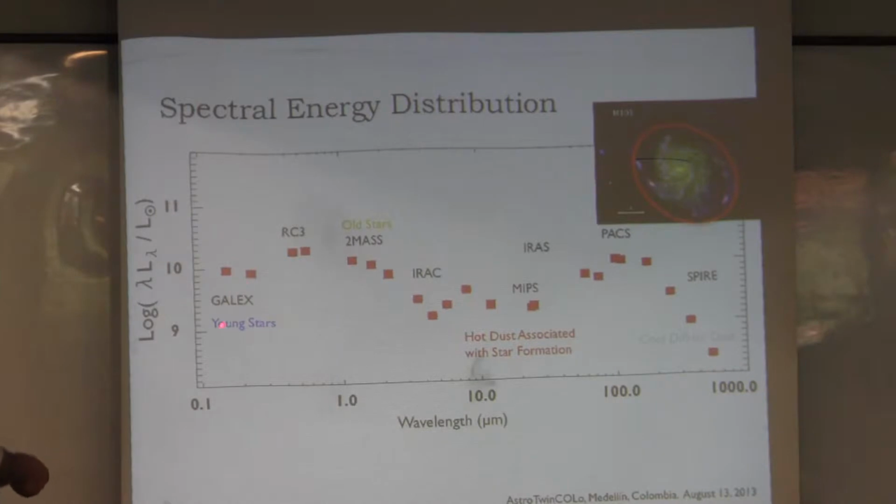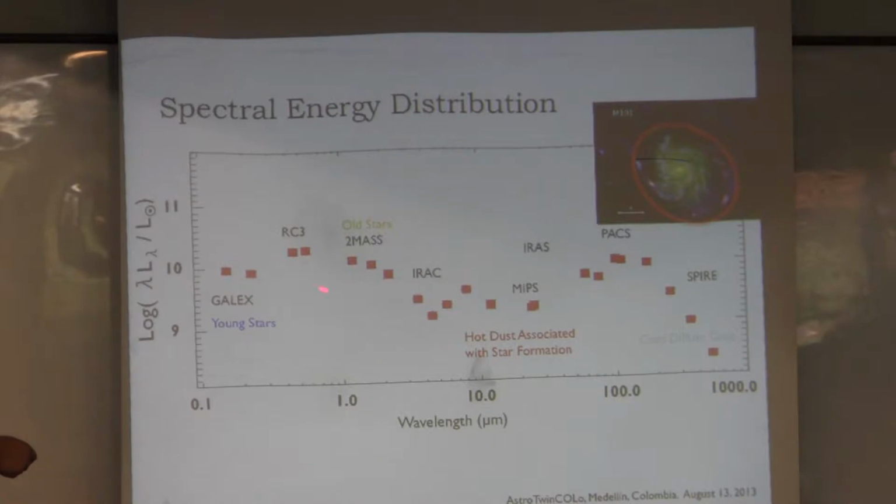And so you can build this spectral energy distribution by making a point at each of the wavelengths where these telescopes observe, you measure the flux and you put it here all together, and you can build that spectral energy distribution from real data. Now you start seeing that it looks a little bit like the theoretical spectra that I showed you before. You have the optical and UV here, and then you have something that looks like those bands of the molecules, the PAHs, and then you have the thermal emission from the dust.